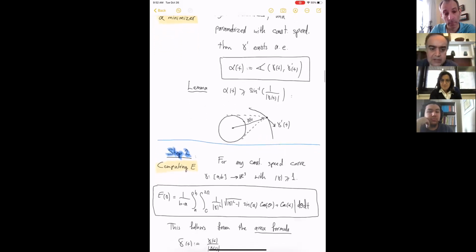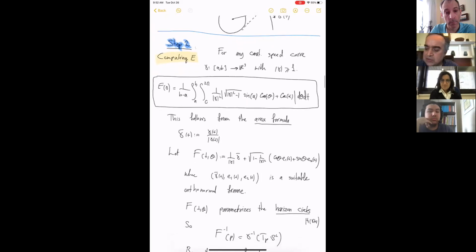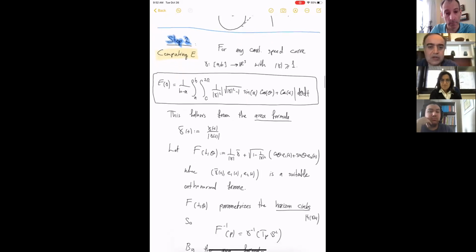Okay, next, we can compute the efficiency. To compute the efficiency, remember, efficiency is its length, that's this 1 over b minus a, and the rest of it is the horizon. Again, remember what the horizon is? The horizon is these circles that are swept on the sphere. Now, this function that I have written here, f(t, theta), parameterizes each horizon circle. So t is the variable along the curve, theta is the parameter which goes around the circle.